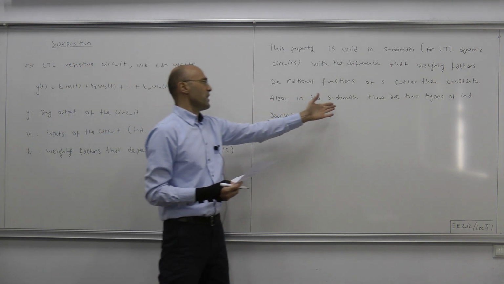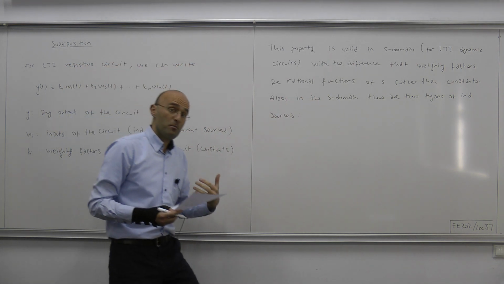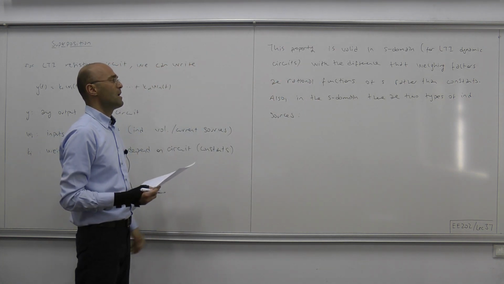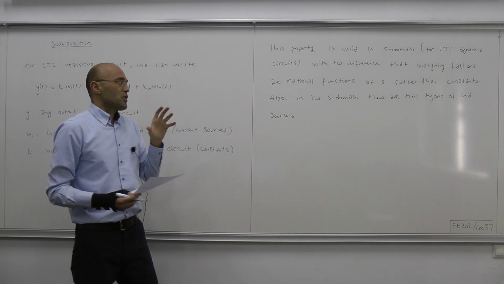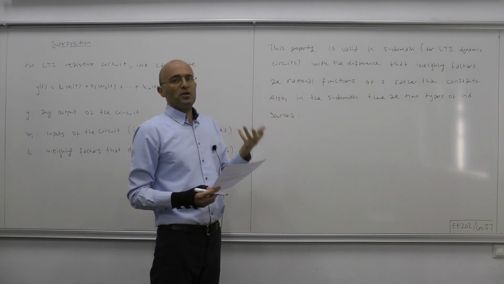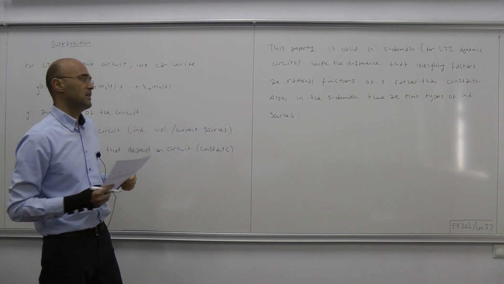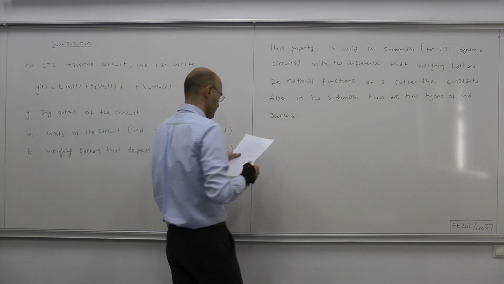First, we have independent sources in S domain that represent the independent sources in the time domain. But there are also independent sources in S domain which represent the initial conditions in our dynamic components, namely, the initial capacitor voltage and initial inductor current.